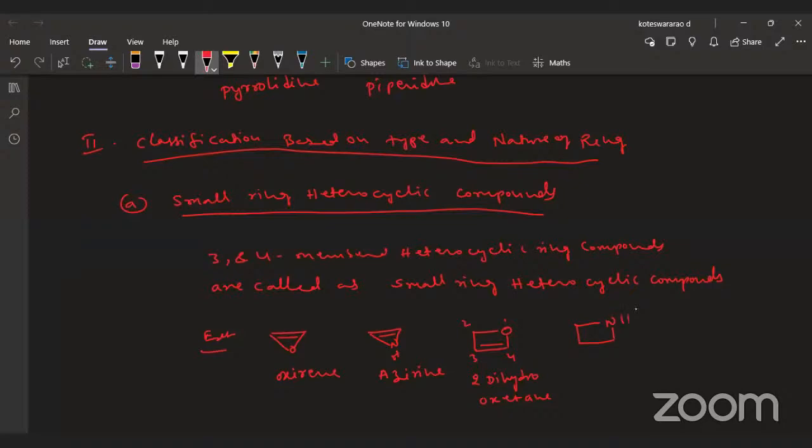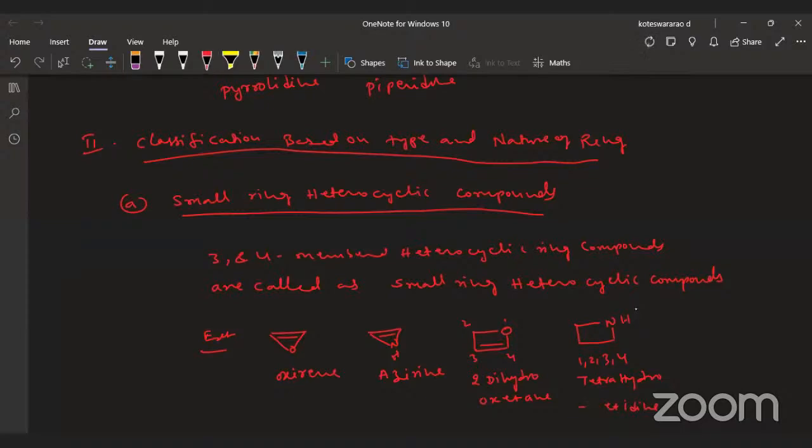Now its name is 1, 2, 3, 4-tetrahydro azetidine. Azetidine.